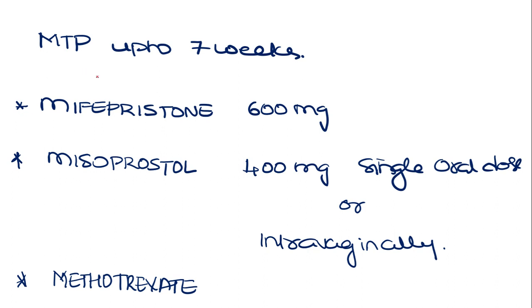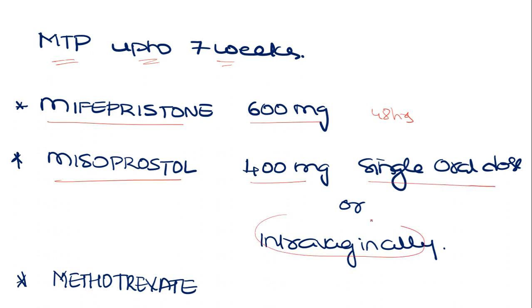And also, all of you know that medical termination of pregnancy can be conducted up to 7 weeks. The most effective treatment is giving mifepristone 600 mg, followed within the next 48 hours by misoprostol 400 mg single oral dose, or you can give it intravaginally.